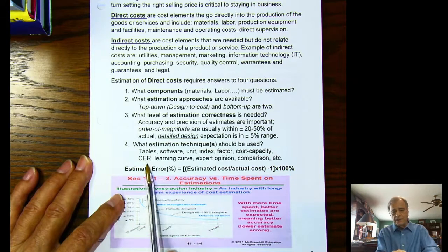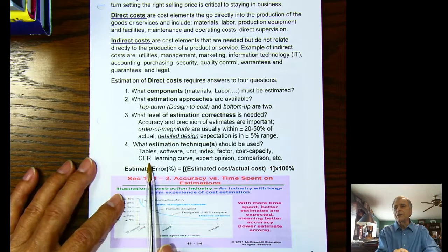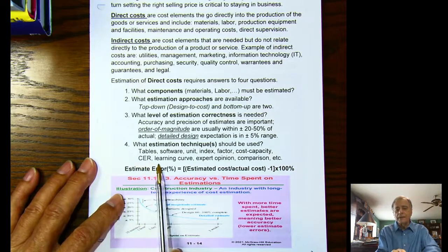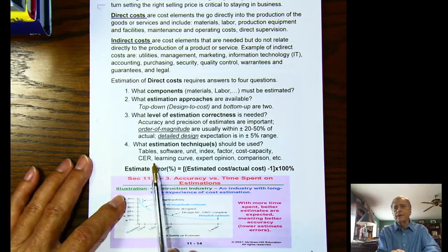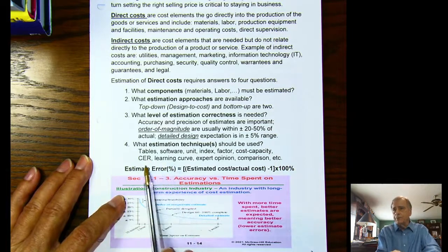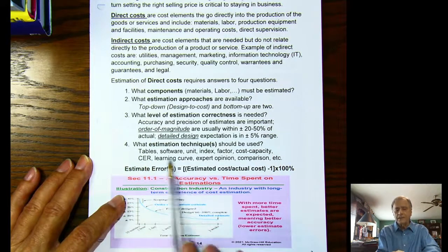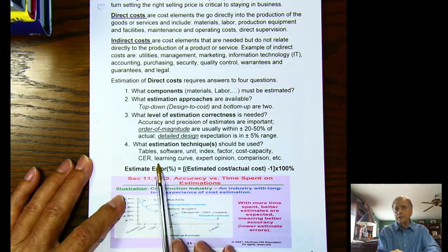We used these statistical relationships that related the cost of an aircraft to things like the engine thrust, the weight of the aircraft, what kind of speed it had to achieve, and the maneuverability of the aircraft.